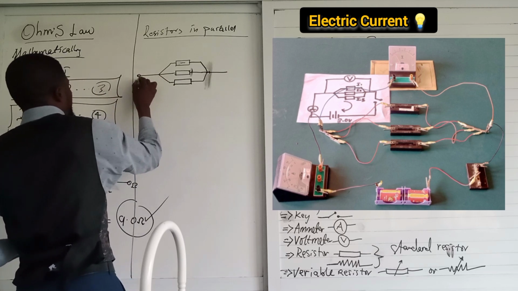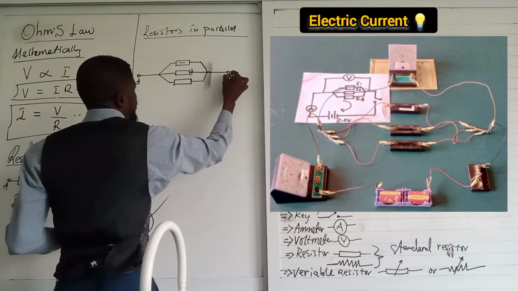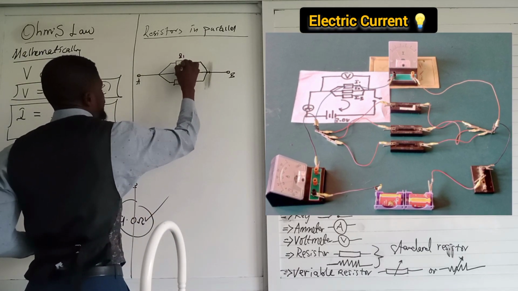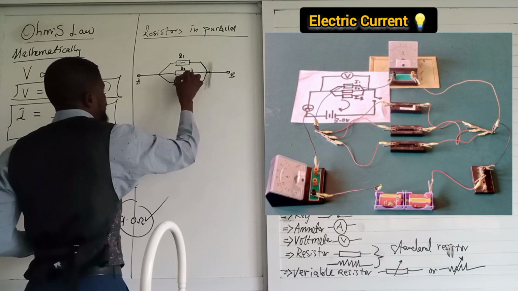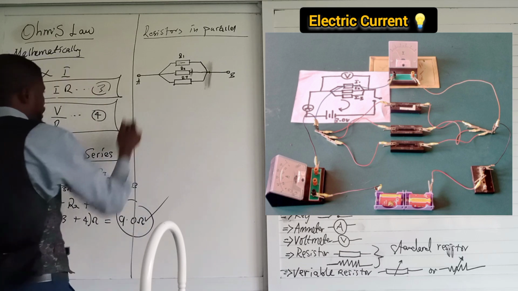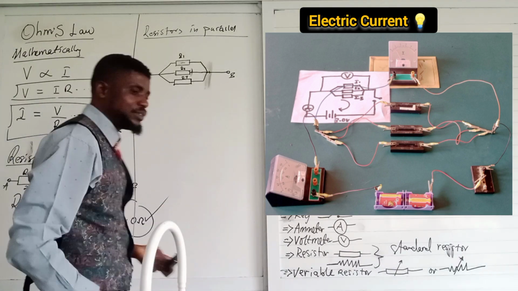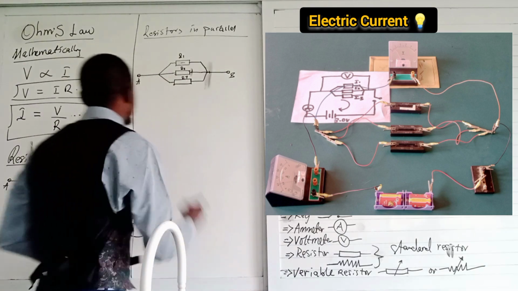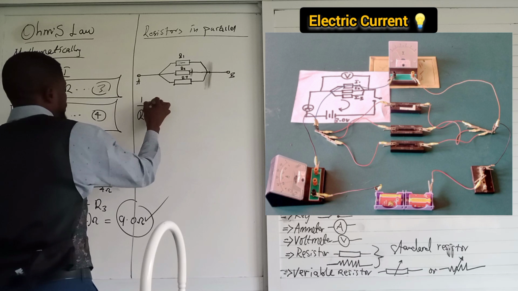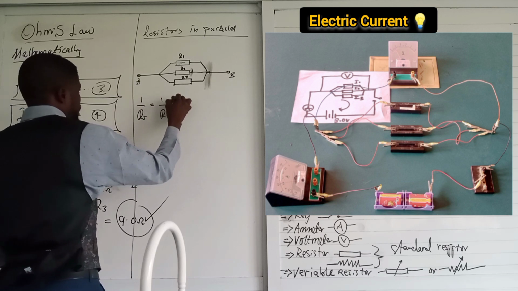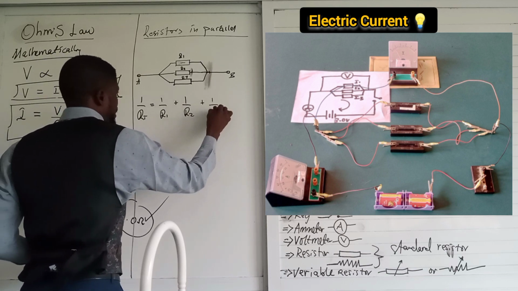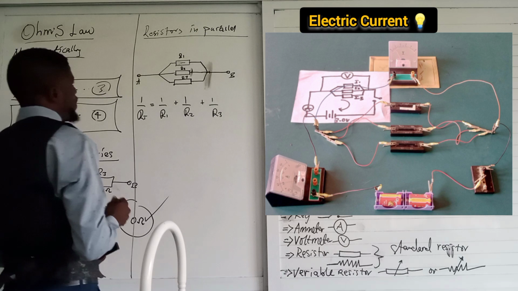And so we call this your terminal A, and this is your terminal B. So this is your R1, this is your R2, this is your R3. When you connect resistors in parallel, how do you find the resultant resistance or the combined resistance? Very simple. 1 all over R total is equal to 1 all over R1 plus 1 all over R2 plus 1 all over R3. That is how to go about it.